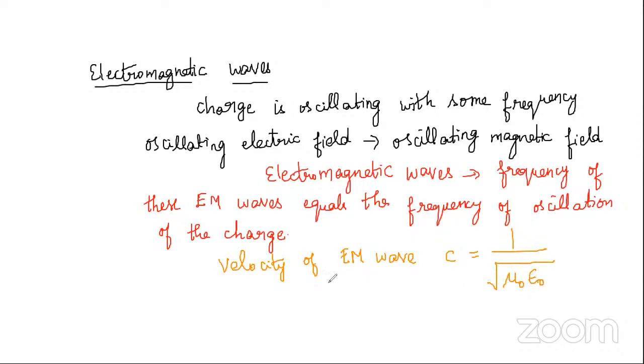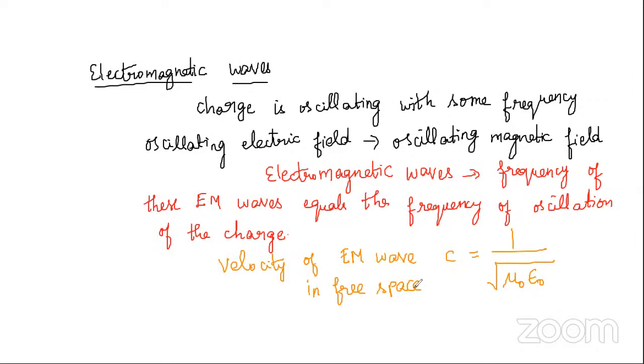This is the velocity of electromagnetic waves in free space. Using this formula, if you calculate the velocity of light, you will be getting 3 into 10 power 8 meter per second.